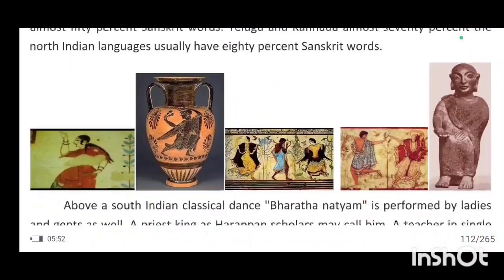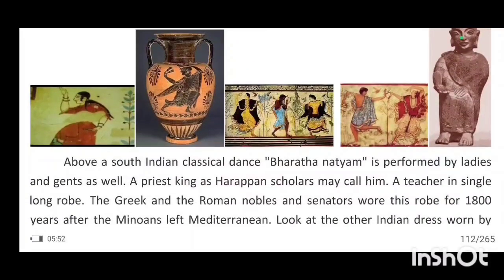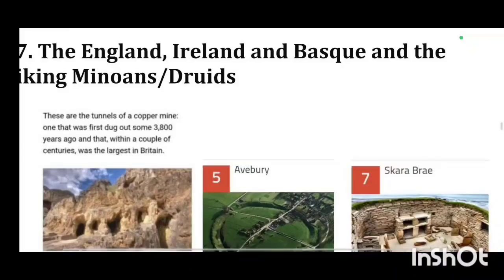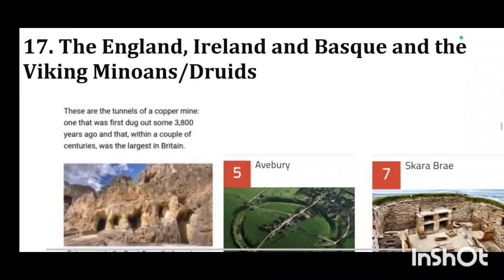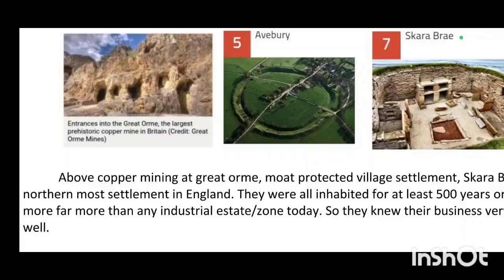Swastika symbol, a Tamil woman dancing. These are Etruscans, essentially Tamils. This is from England, Great Worm, they call it, the copper mining site of Indians in 3000 BC, 2000 BC, that period, and some other sites.